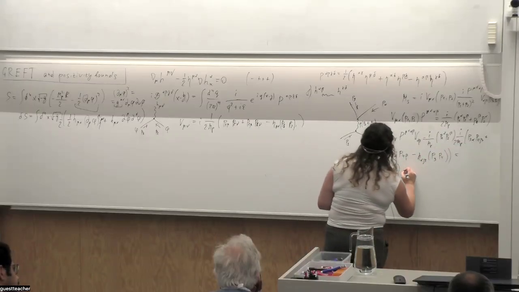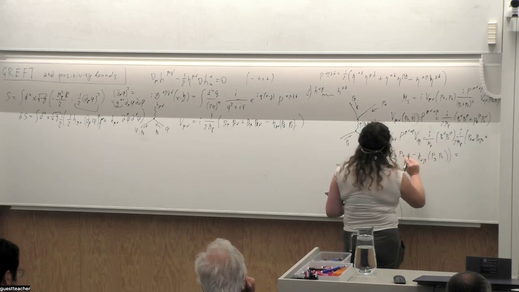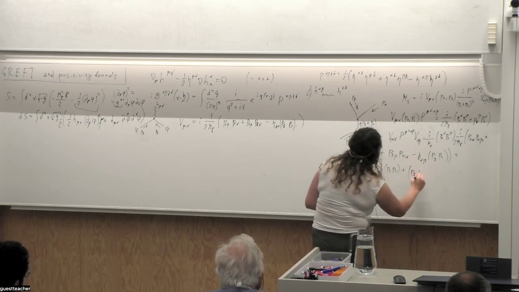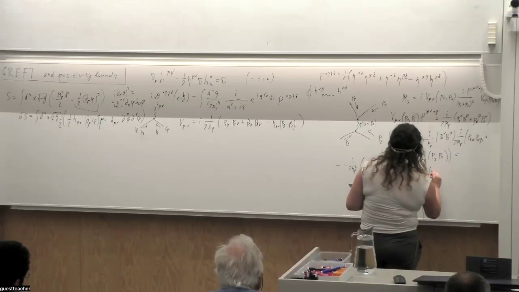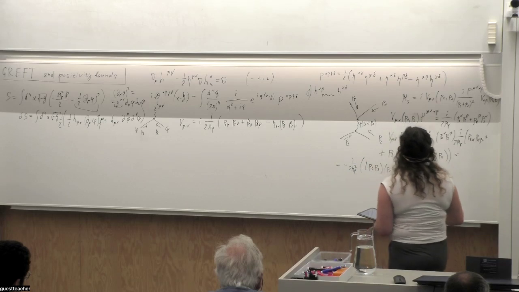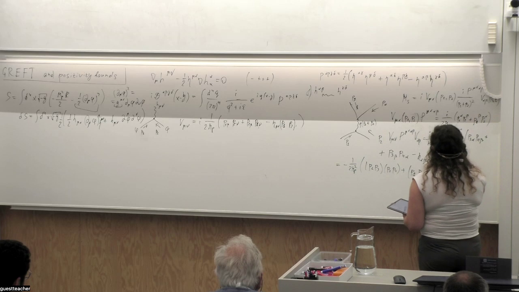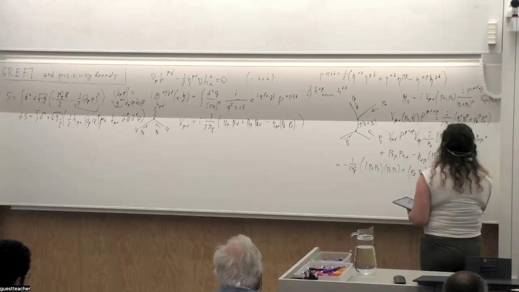From the second term, I get P1 gets contracted with P4, and P3 gets contracted with P2. And the last term, I get minus P1 P2, P3 P4.